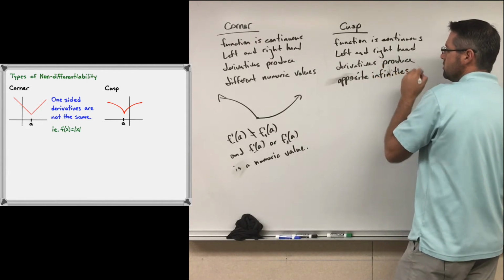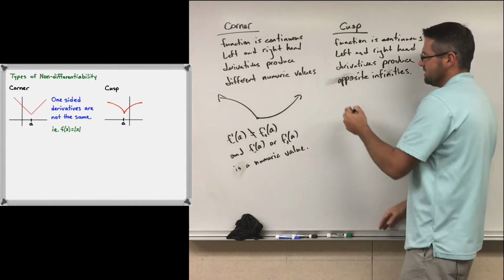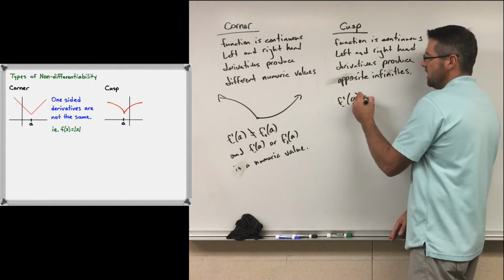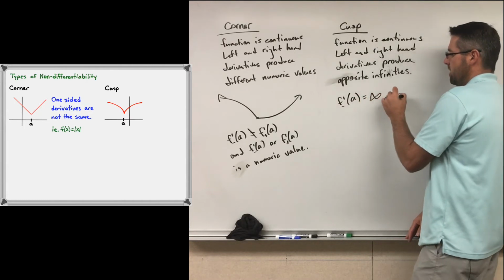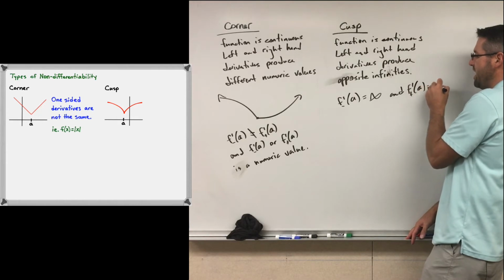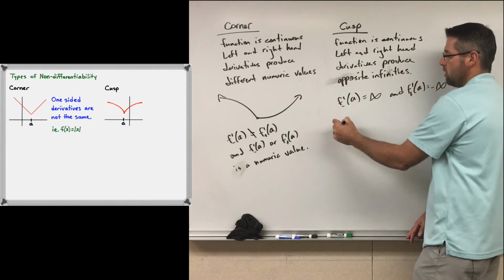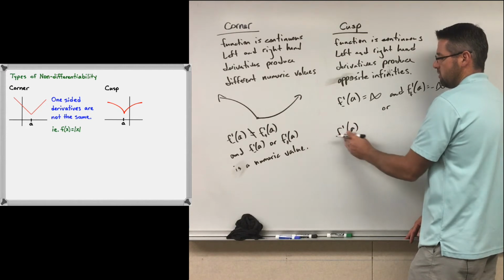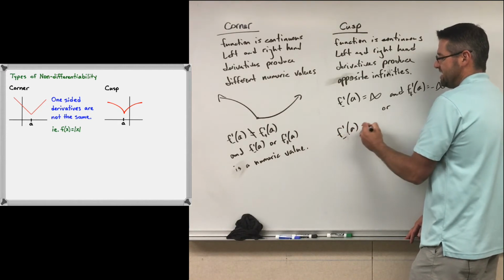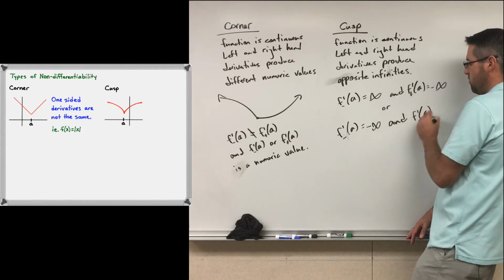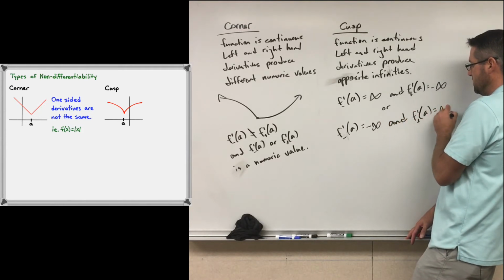Essentially what we're saying is that f prime of A from the left is equal to infinity, and f prime of A from the right is equal to negative infinity. Or it could be that f prime of A from the left is negative infinity, and f prime of A from the right is positive infinity.